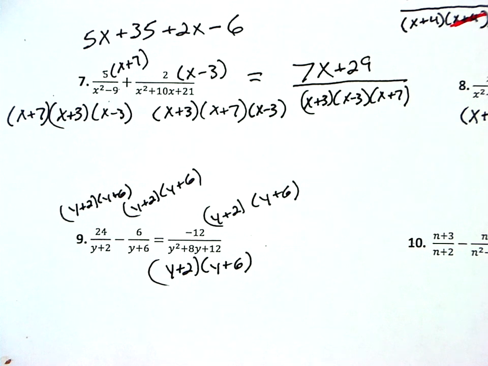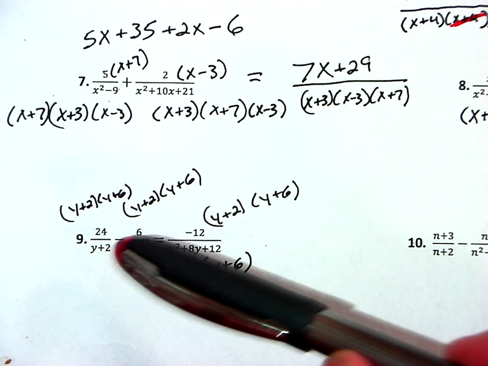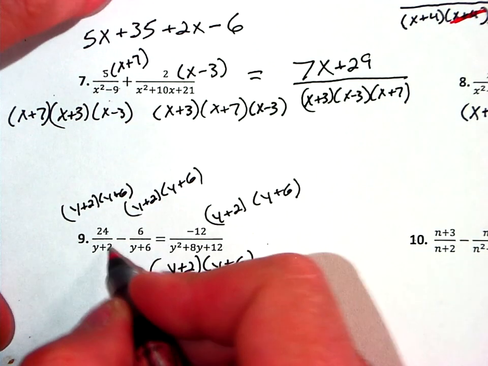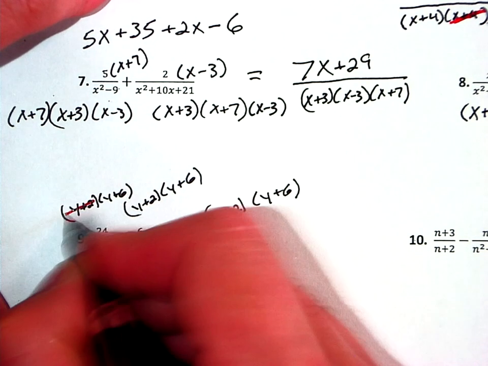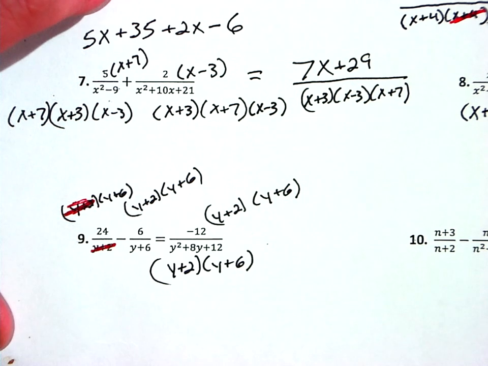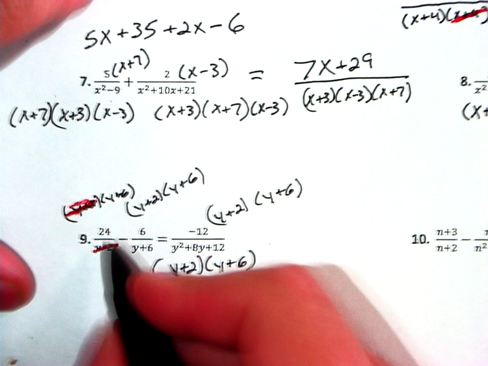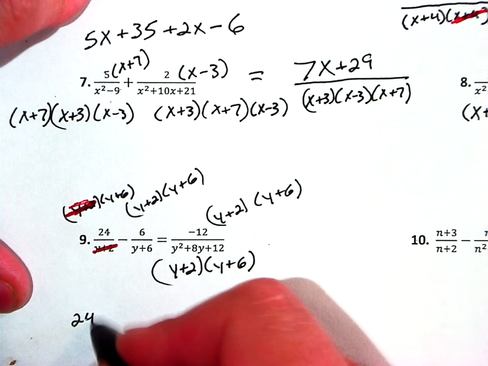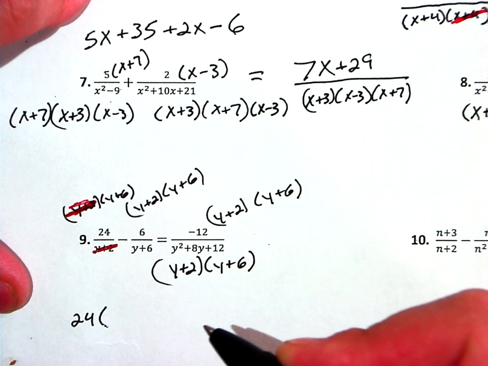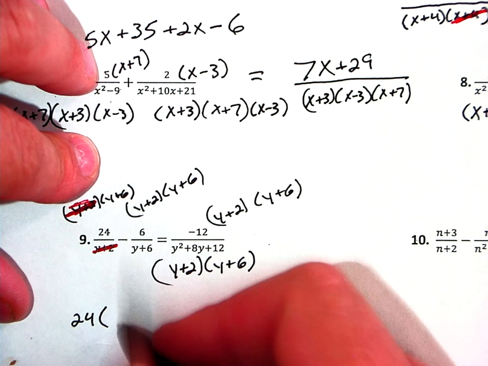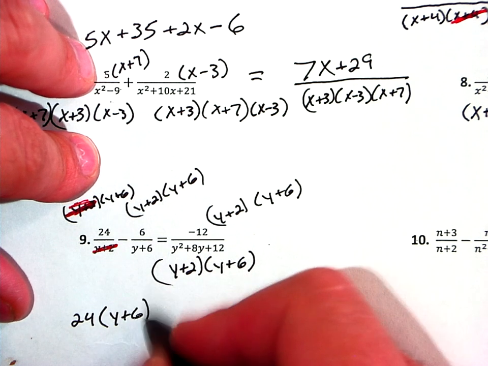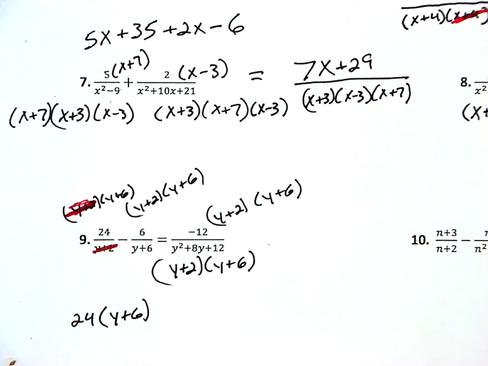Yes. All right. So now, if you look at the first term, I have a y plus 2 on the bottom and a y plus 2 on top. So that's gone. So what is left on the first term? 24. Can I get rid of the y plus 6? Eventually, we're not there yet. 24 times y plus 6. No, you cannot get rid of that y plus 6 in the first term.